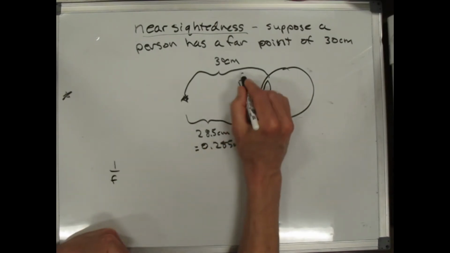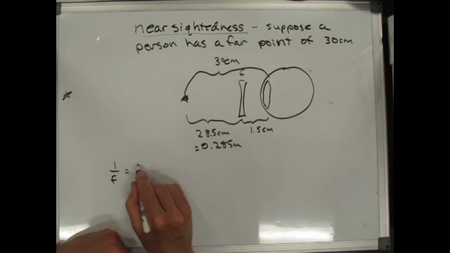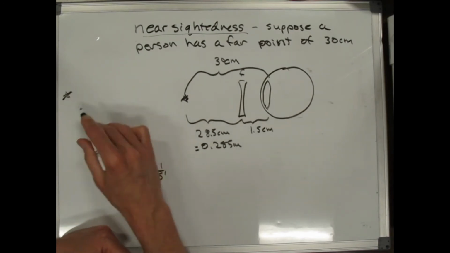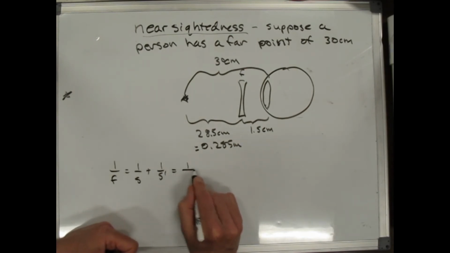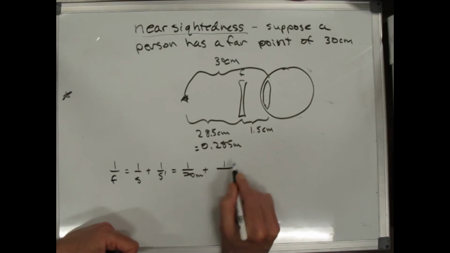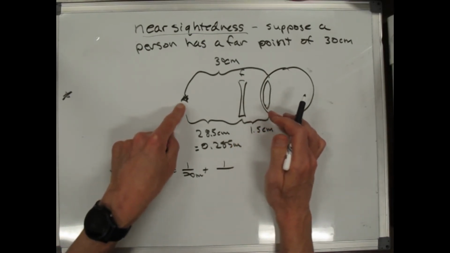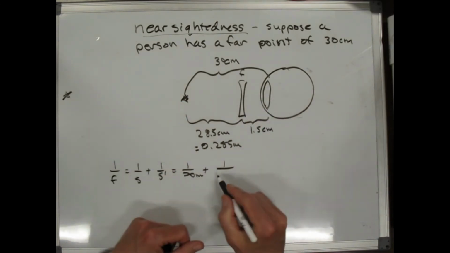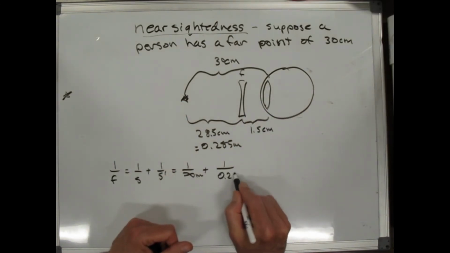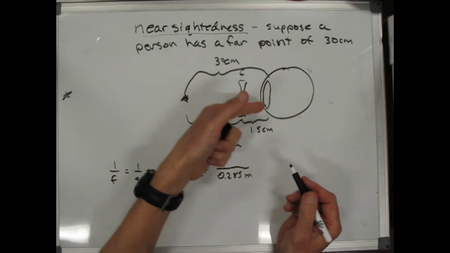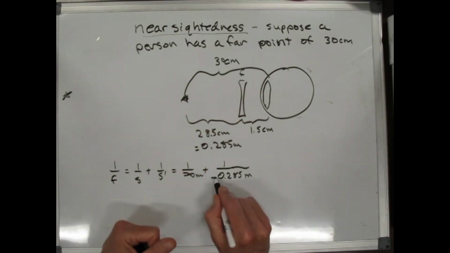The focal length for this is 1 over s plus 1 over s prime. The object distance is infinity, so it's just 1 over infinity meters plus 1 over the image distance. I want my image to be at 28.5 centimeters, but it's going to be to the left, on the opposite side of the outgoing ray, and so it's going to be negative.